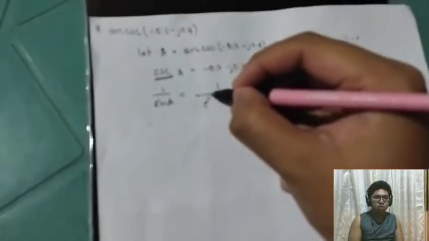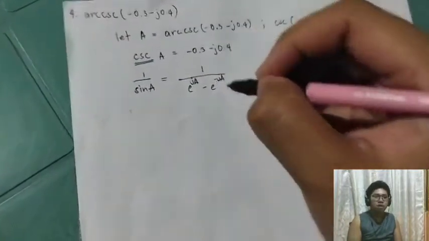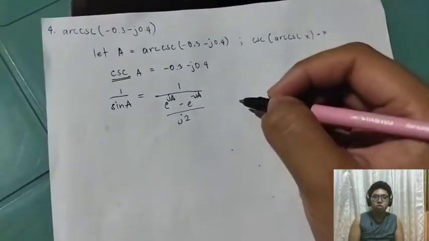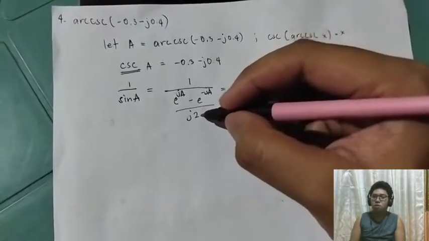And the identity for cosecant of x is equal to 1 over sine x, and sine A is equal to e raised to ja minus e raised to negative ja over j2.